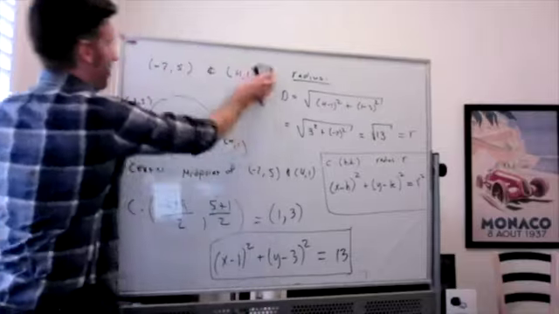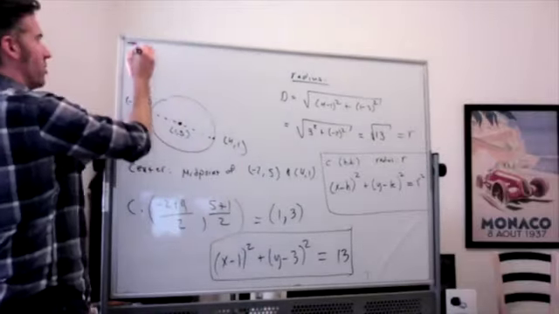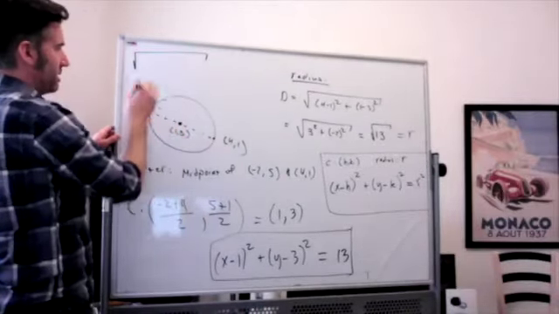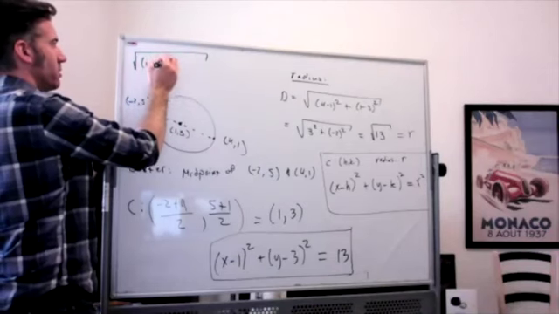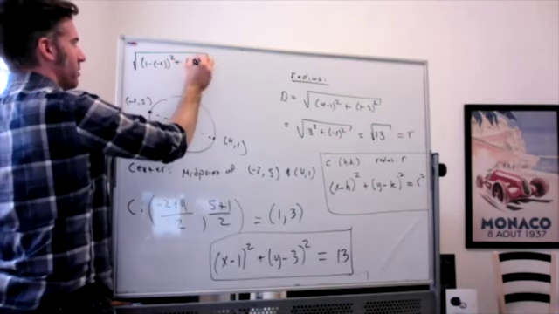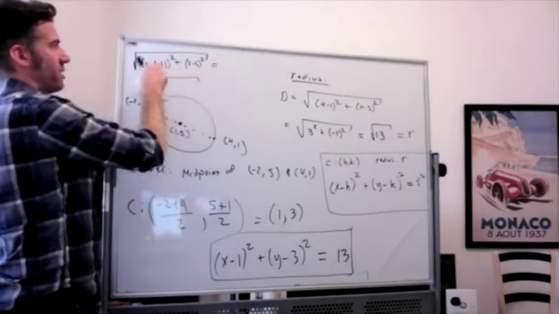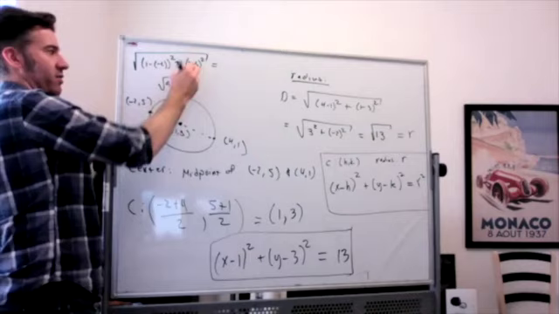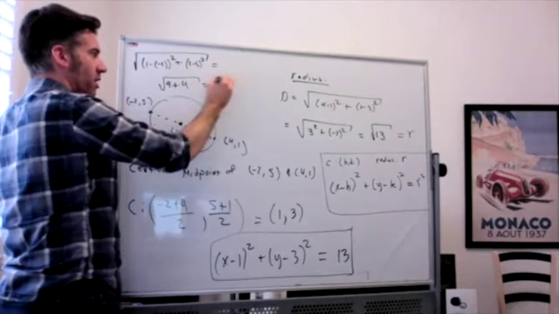All right, let me just check that real quick. It would be the square root of 1 minus negative 2 squared plus 3 minus 5 squared, which would be the square root of 3 squared plus negative 2 squared, which is still the square root of 13.